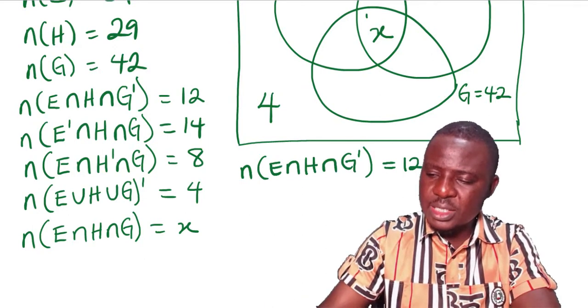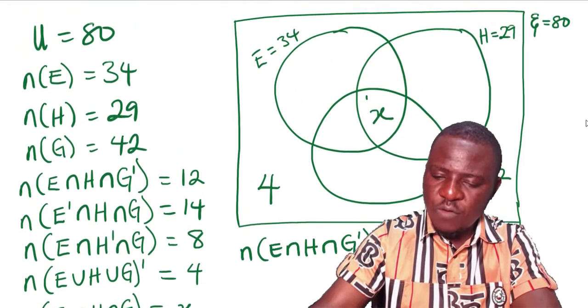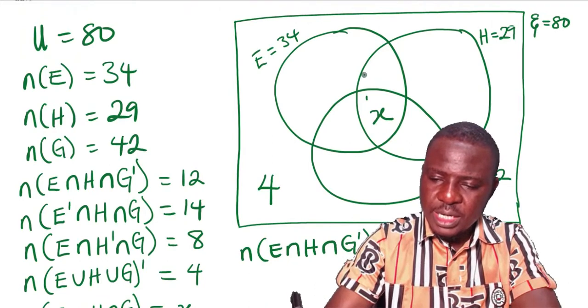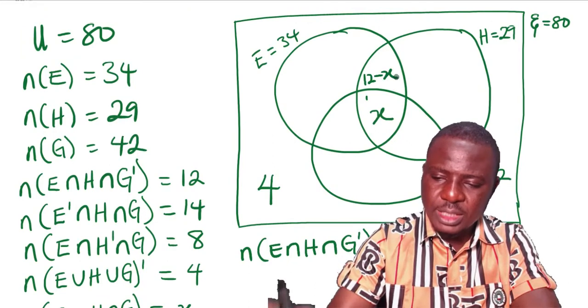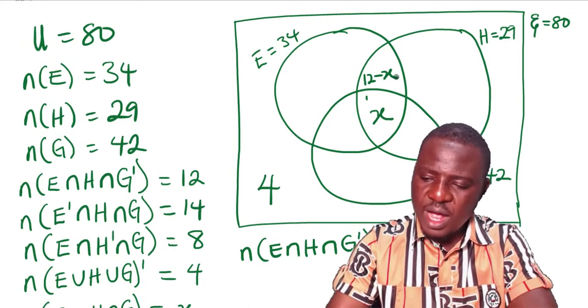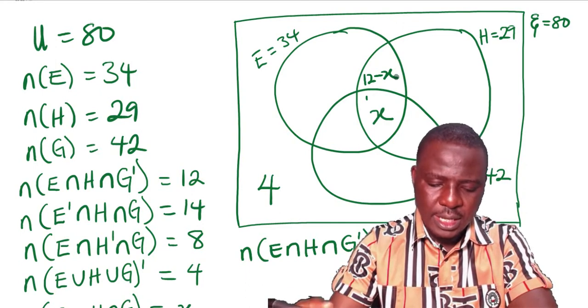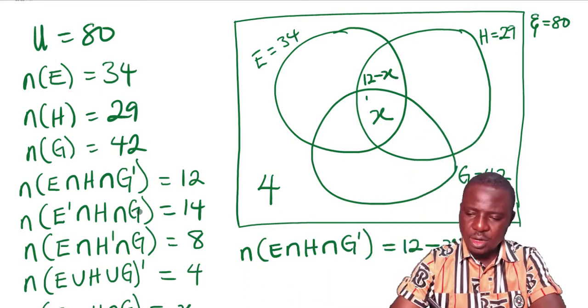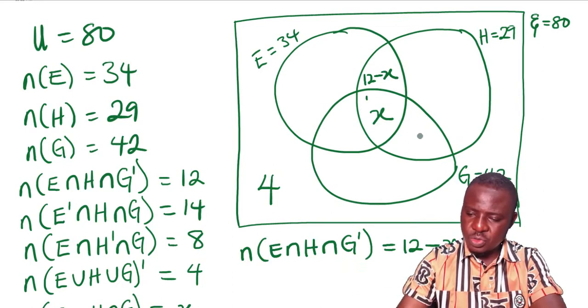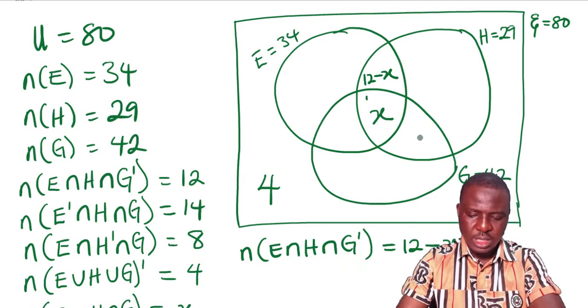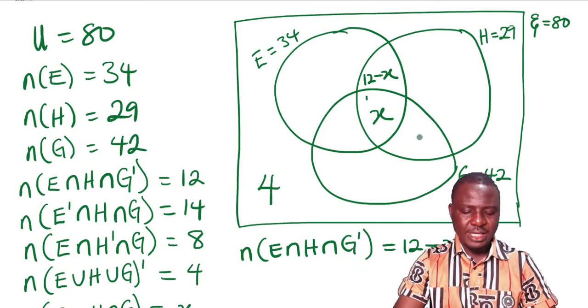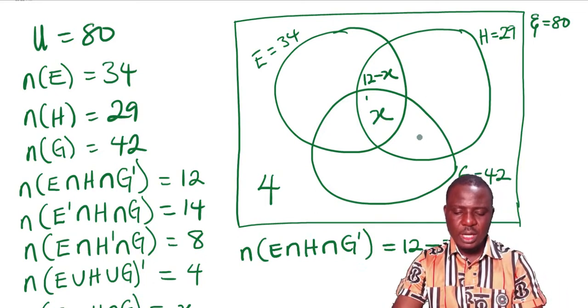minus x. So those who offer only English and history are said to be 12 minus x, while those who offer only history and government, that is this region, those who offer history and government are said to be 14.